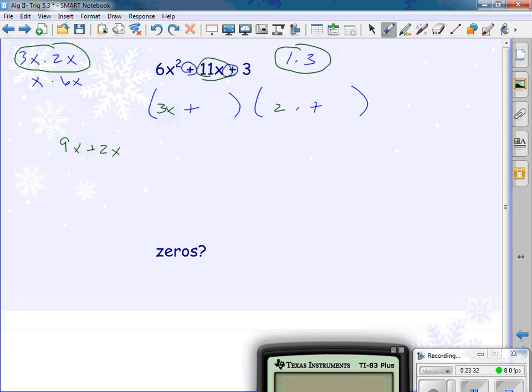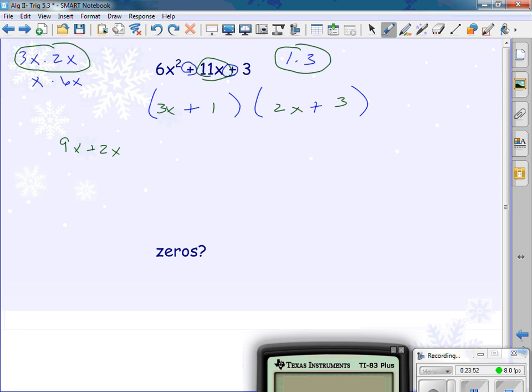3x and 2x. Now, what did I multiply that 3x by? Did I multiply by the 1 or the 3? 3. So I have to put the 3 over here. And the 1 will go here.